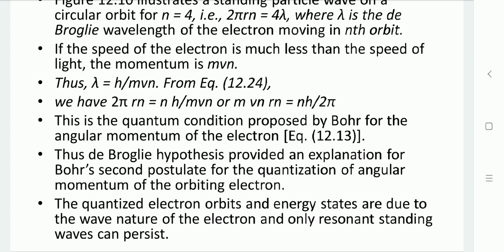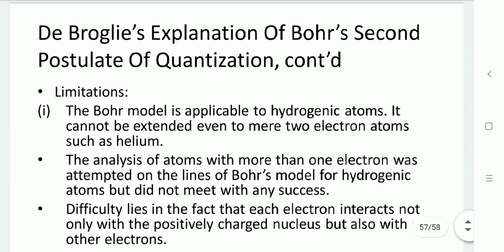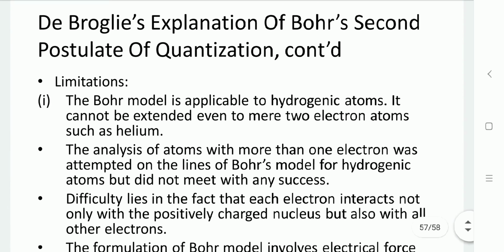Here we still find that two limitations are available in the Bohr model. The first limitation is that the Bohr model is applicable only for hydrogenic atoms, which can be extended up to 2 electrons: 2 electrons are available with helium and 1 electron with hydrogen.